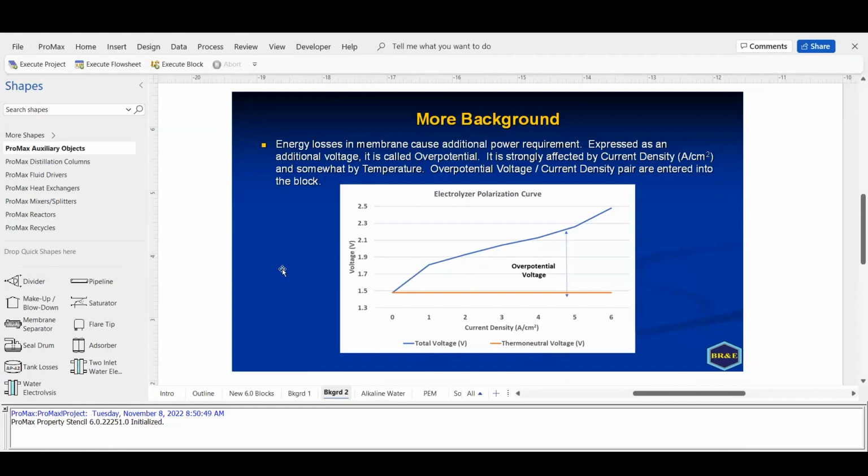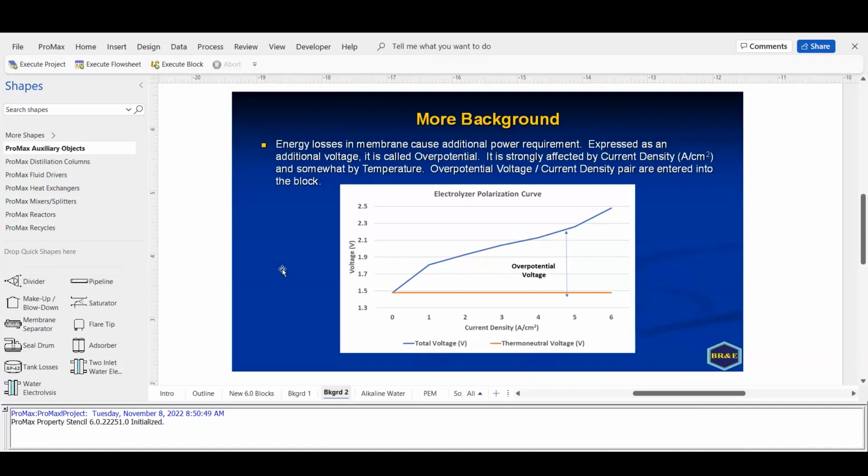So there are various resistances. They're called activation, ohmic, and mass transfer resistances, and they're kind of caused by friction of these molecules as they're moving through the equipment.